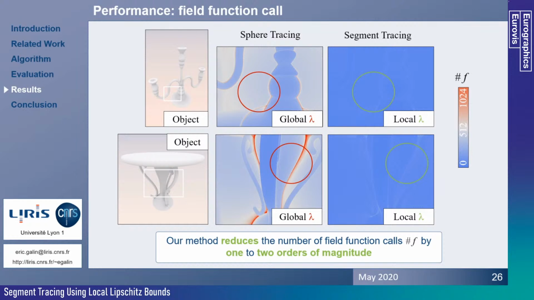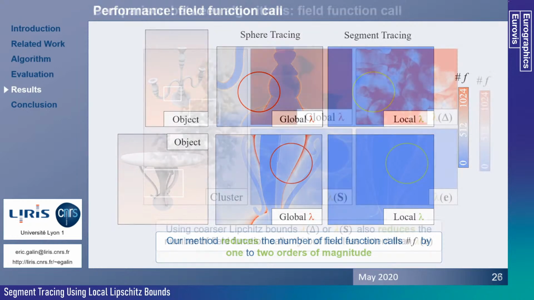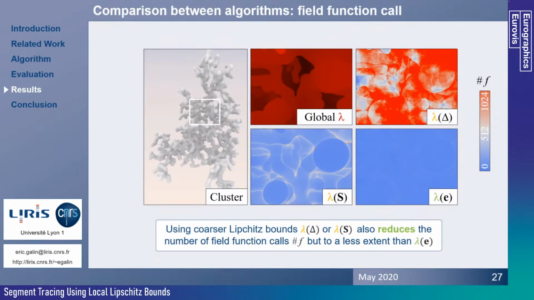First, results show that our method significantly reduces the number of field function calls, sometimes by up to 2 orders of magnitude. This can be seen on those images showing the number of field function calls. Here we show the gain in terms of field function calls for different local Lipschitz-bound strategies, along a ray, in a sphere, and over the candidate segment itself.